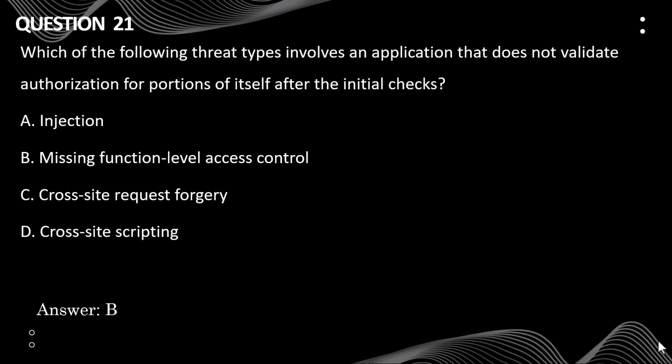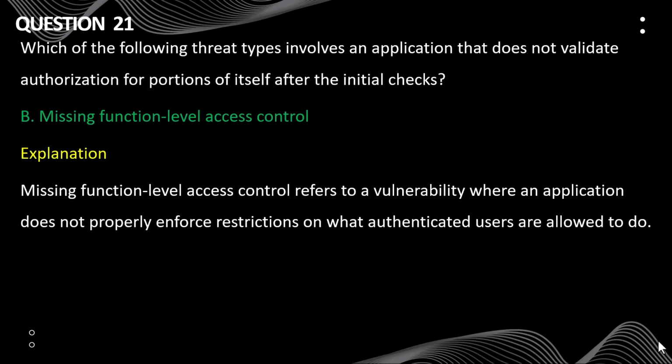Missing function level access control is a vulnerability or weakness where an application does not properly enforce the restrictions on what authenticated users are allowed to do. Now, once a user has been authenticated and authorized for certain functions, the application fails to validate authorization for subsequent requests.